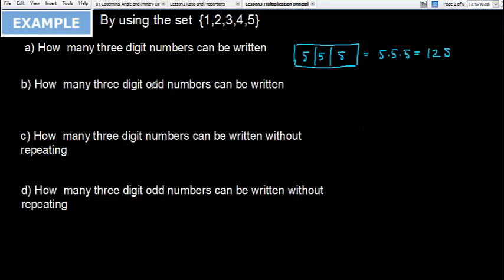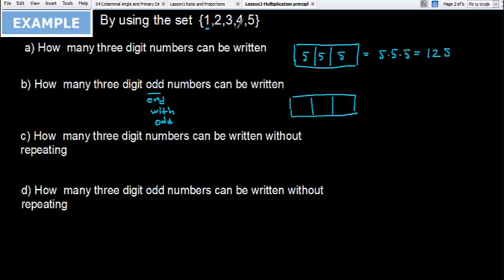How many three-digit odd numbers can be written? If we say odd numbers, as you remember from the previous one, numbers should end with an odd digit. When we draw the boxes here, for the last one we have 3 possible cases again.